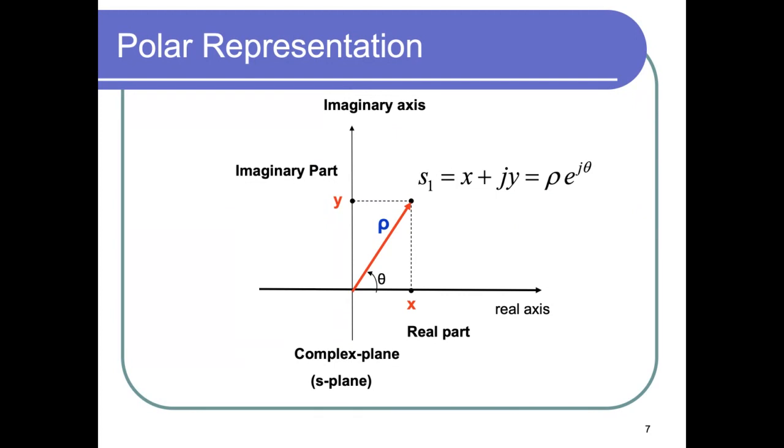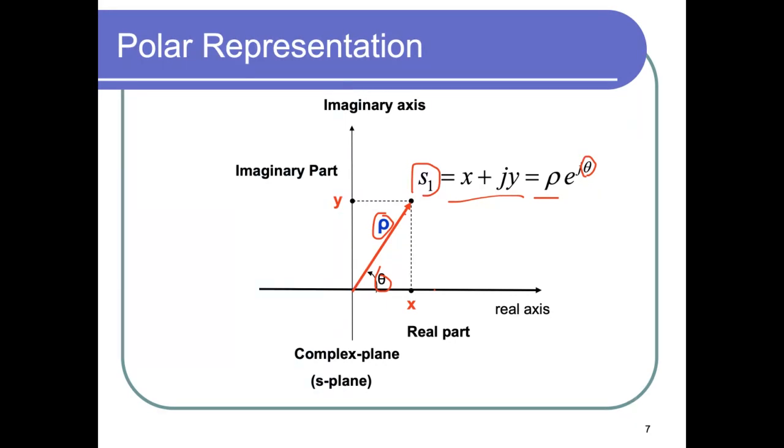Now we have the polar representation. So for the same x and y, for the same s variable, this is a vector, right? So it has a magnitude and it has an angle. So basically, I can represent this in polar form, where rho is the magnitude, and the angle theta is the angle from the real axis up to that line.